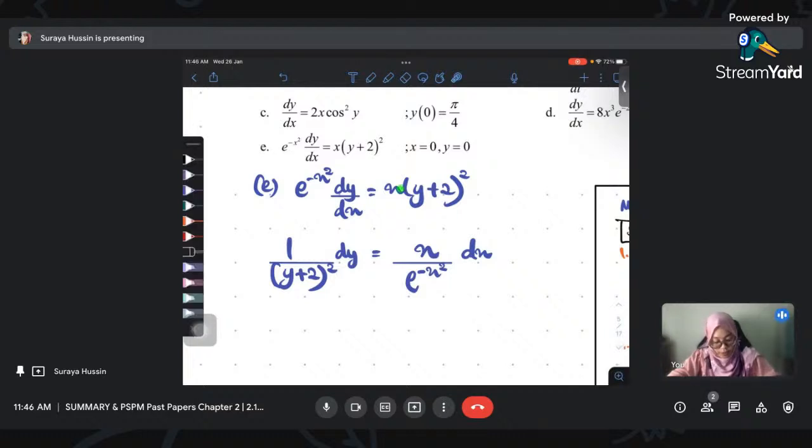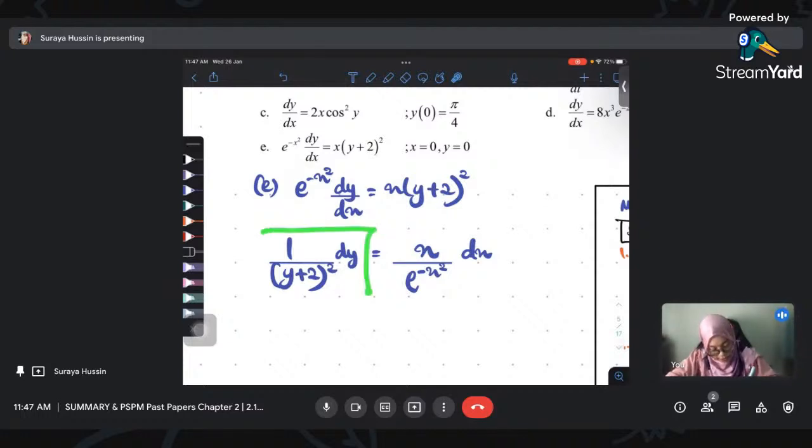Okay, bukan sebab dia berada di atas, sebab dia memang dah di belah kanan. So just make sure x is on the right hand side. That's all. So x darab dx lah. Okay, x dx, and then disebabkan ini pun x, so bring it down. Just cross multiply macam biasa.